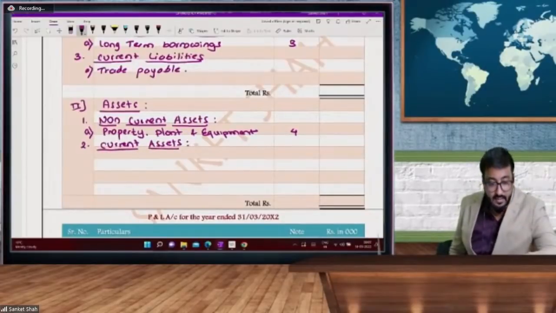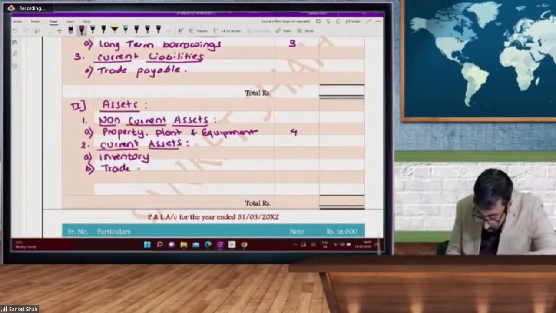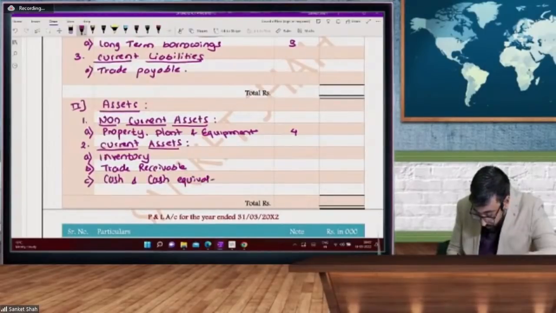Under that, current investment we do not have. Inventory we have, trade receivables we have. And I think cash and cash equivalent also we have.